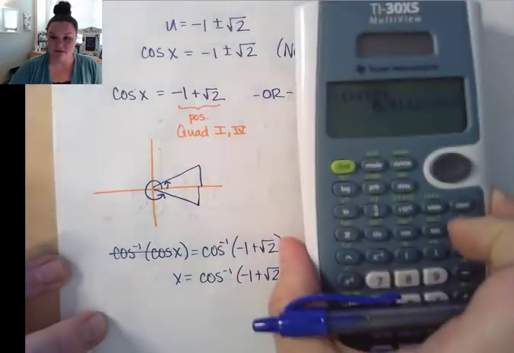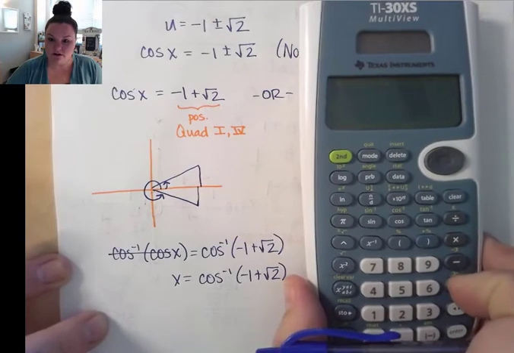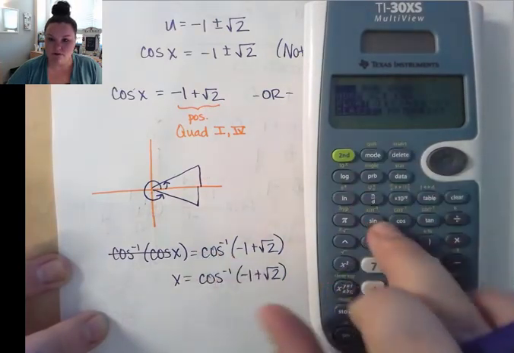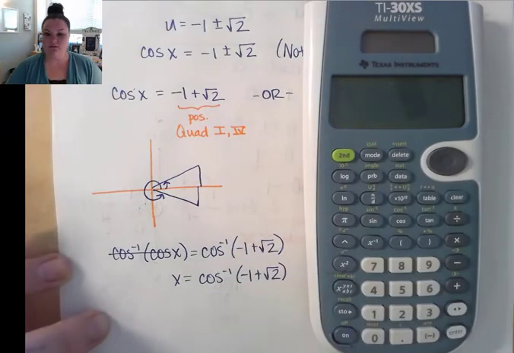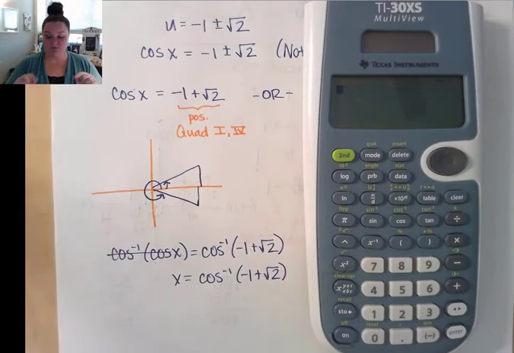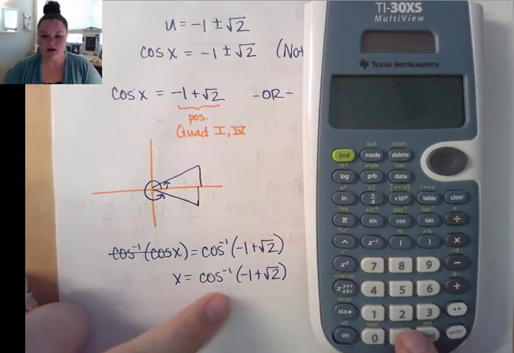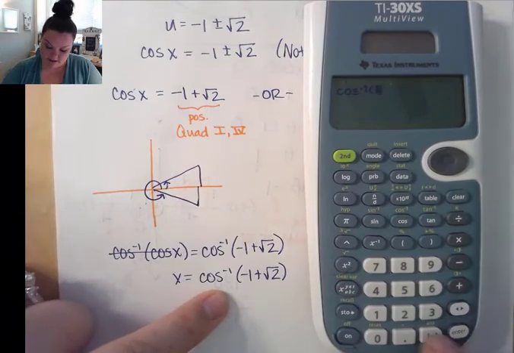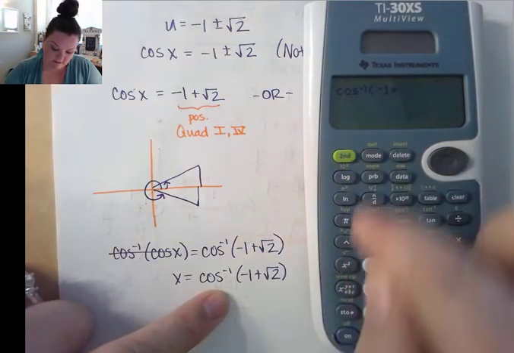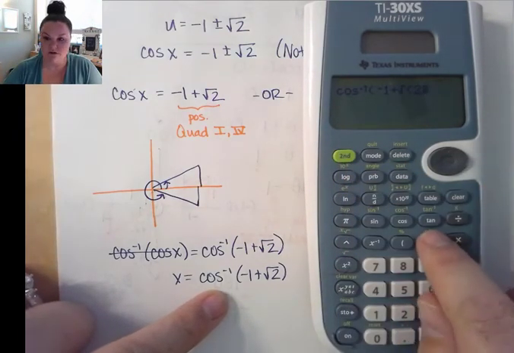Okay, so I'm going to go ahead and put my calculator here. I'm going to go back to mode, make sure it's in radians. Okay, hopefully by now you guys know how to change the mode on your specific calculator. All right, so now we can go ahead and do cosine inverse of -1 plus the square root of 2.